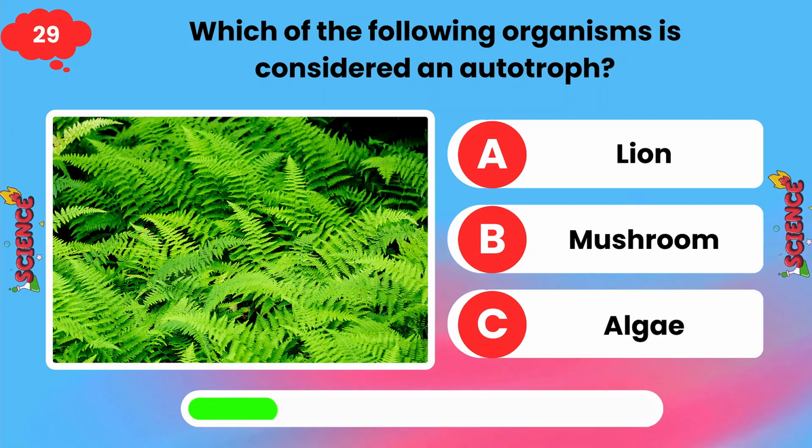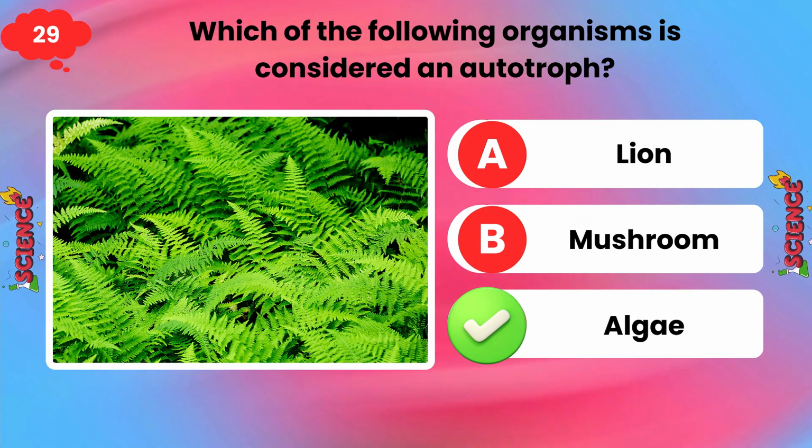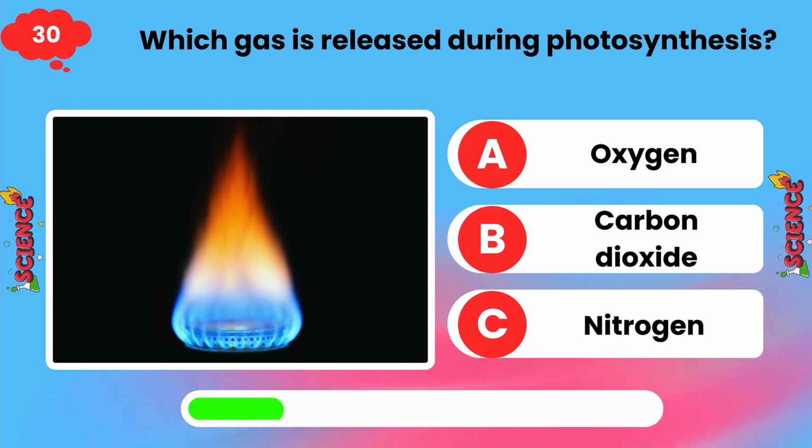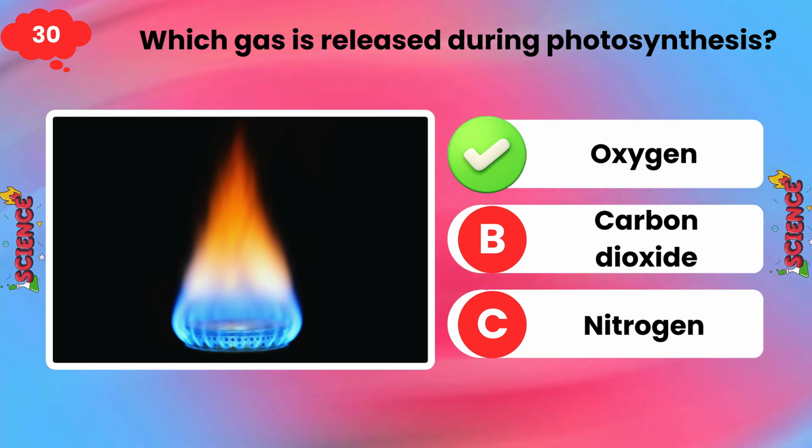Which of the following organisms is considered an autotroph? Algae. Which gas is released during photosynthesis? Oxygen.